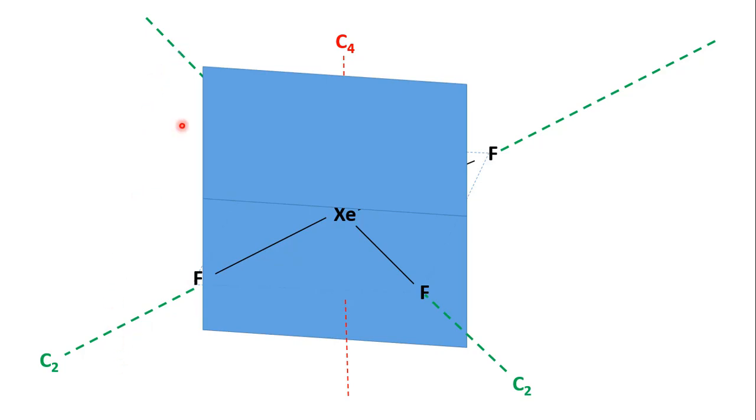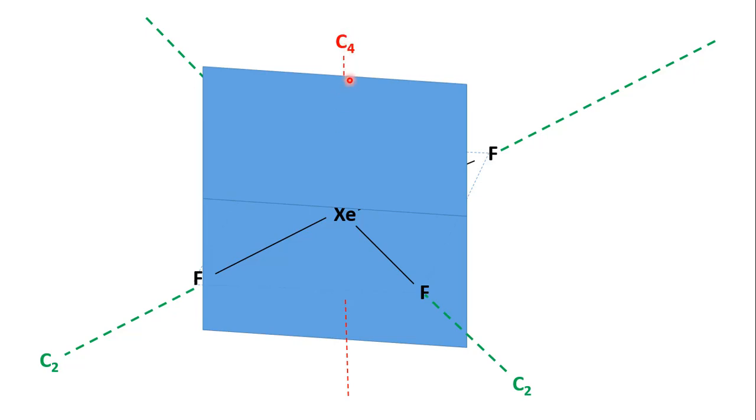These two xenon fluorine bonds are in front of the plane. There will be two more xenon fluorine bonds which are behind the plane. So two xenon fluorine bonds in front of the plane, two xenon fluorine bonds behind the plane, and so the plane contains only one atom, which is xenon, and this plane also contains the principal axis C4.